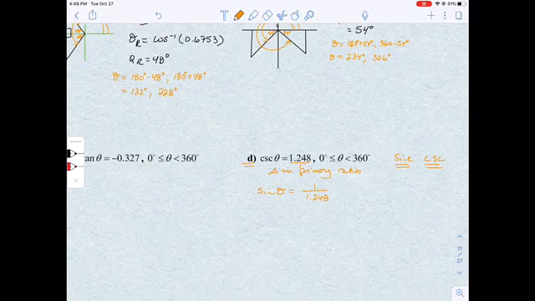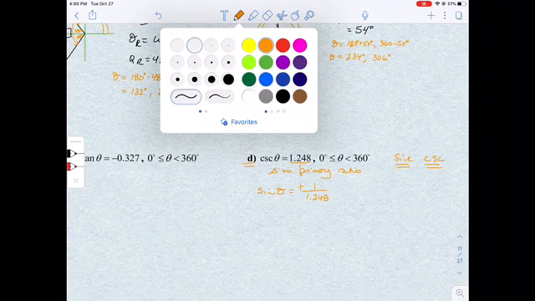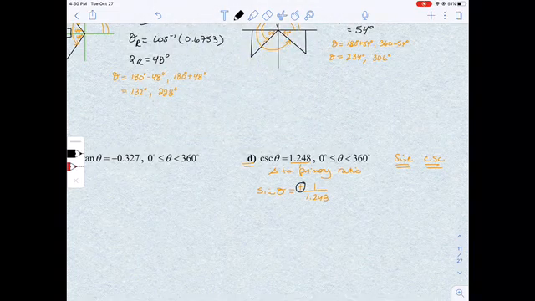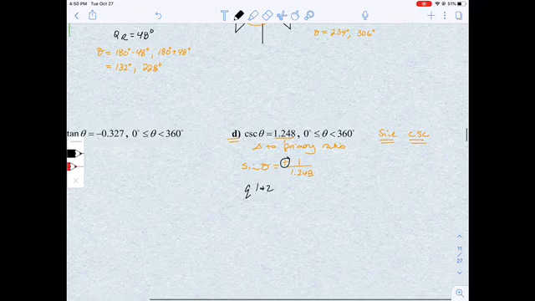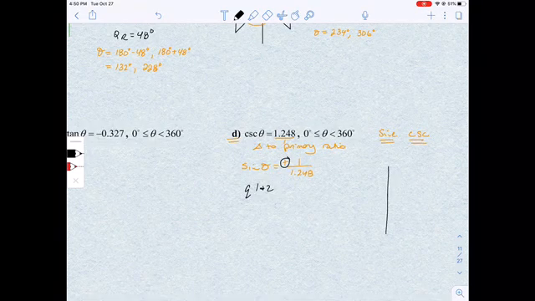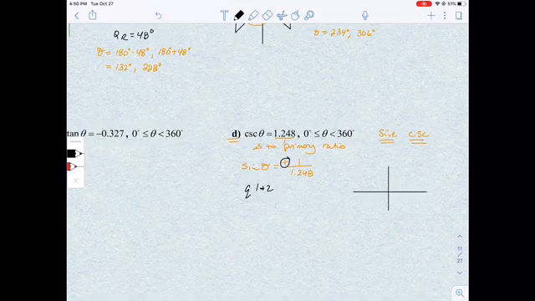I still need to think now, this is positive, so where am I? I have to think I'm in quadrants 1 and 2 because sine is positive in quadrants 1 and 2. I'm going to sneak a little triangle picture in there. Always I draw a picture, little baby sketch. Again, we're not getting out the protractor here.